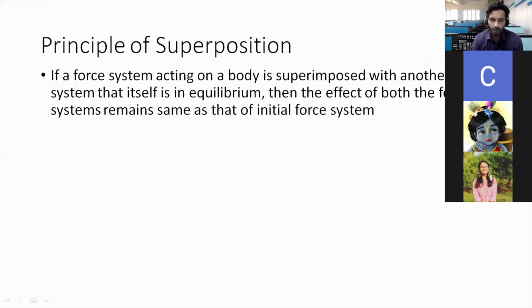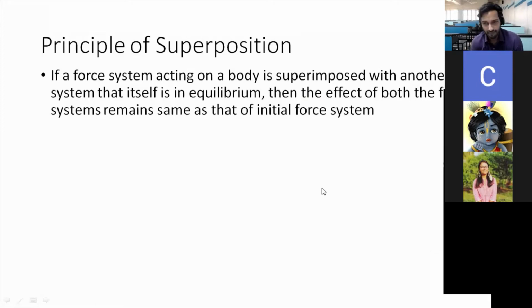If a force system acting on a body is superimposed with another force system that itself is in equilibrium, then the effect of both force systems remains the same as that of the initial force system. That is the principle of superposition. But do you understand anything with this? Can someone explain this?